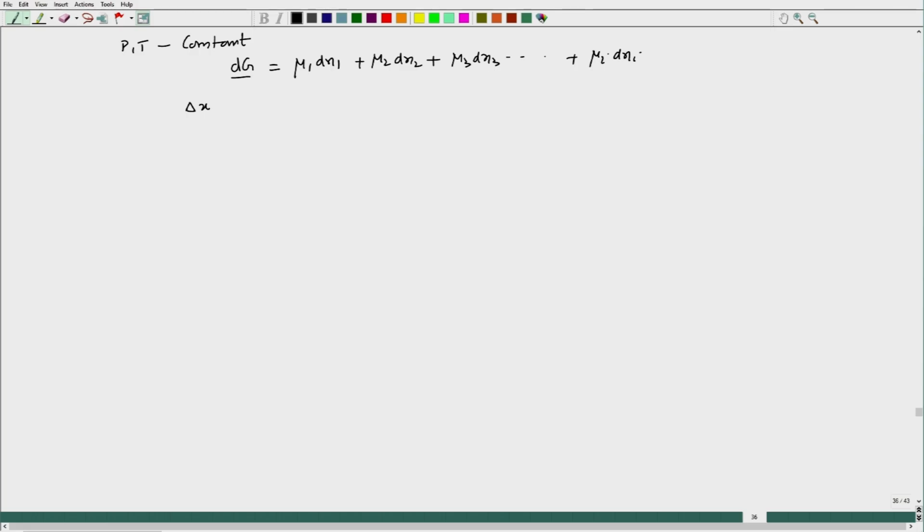So, if I consider, and also it is for a homogeneous phase, del x is the small fraction change in all the component molecules, moles or component moles.